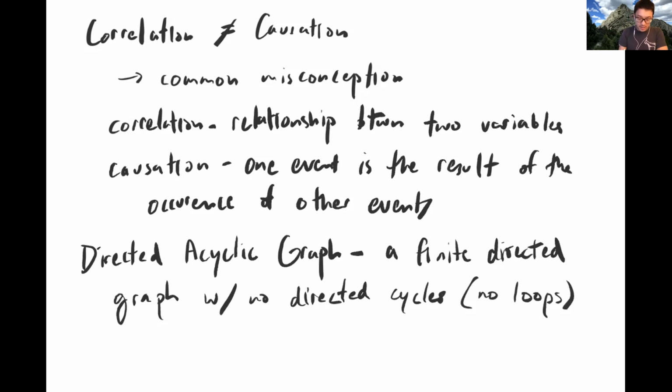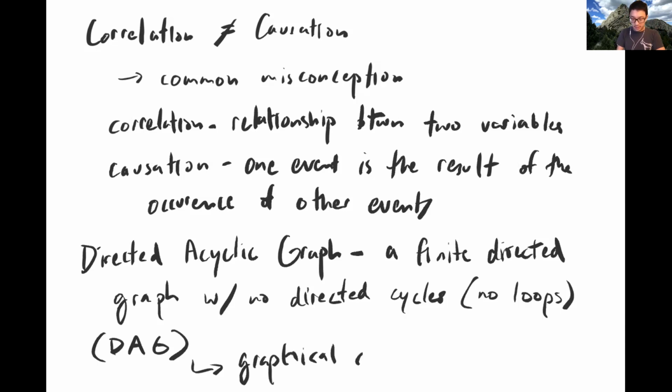This is also known as a DAG, D-A-G. We're going to use this to demonstrate direct causes, or use them for what are known as graphical causal models. I think if we just dive straight into the example, this will be made a little more clear.